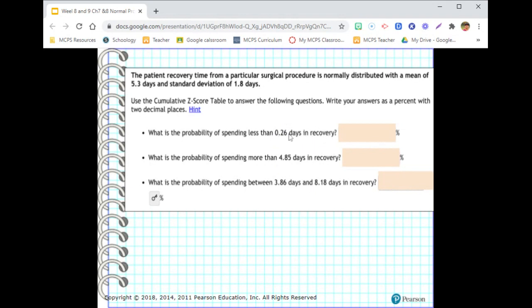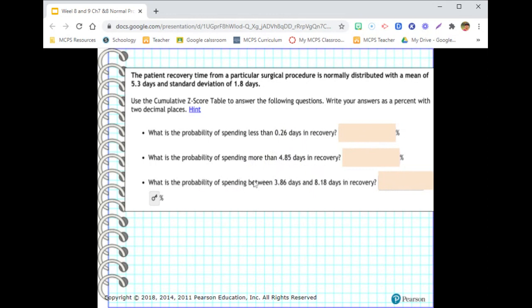You know how to do that, right? This one is more than, so don't forget to use the complement rule, because it's the probability of your z greater than 4.85.